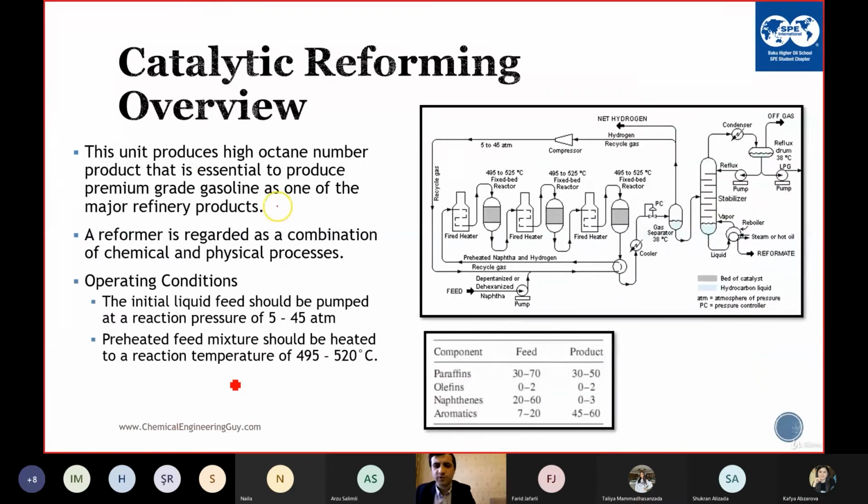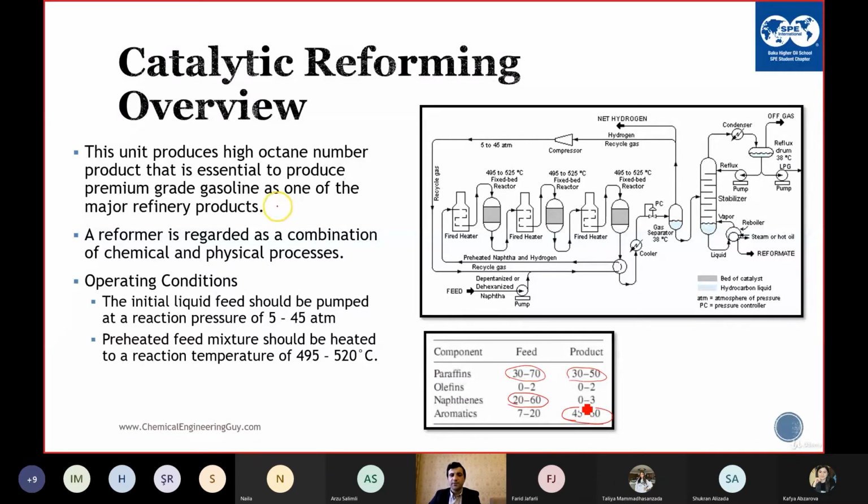This is the overview of the process. As you can see, we have the paraffins from 30 to 70. In the products, we have 30 to 50. We mostly convert naphthenes, cycloalkanes, to aromatics. So aromatics contribute to the research octane number, RON.